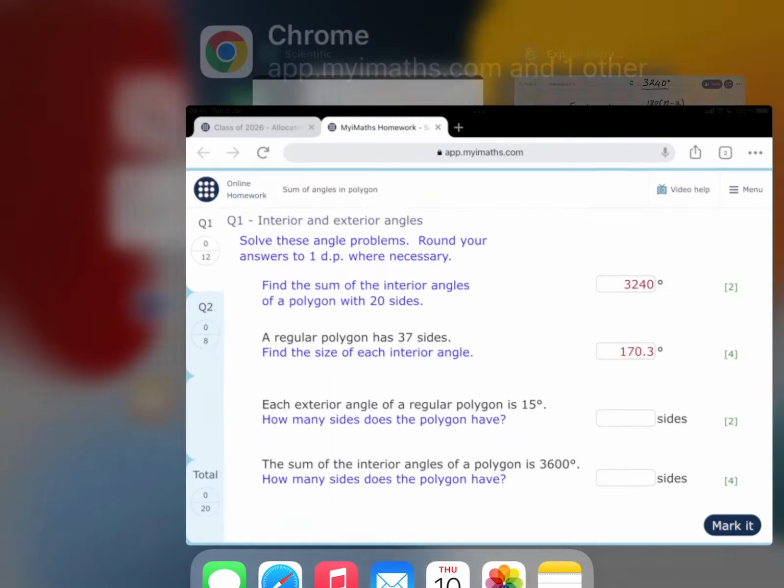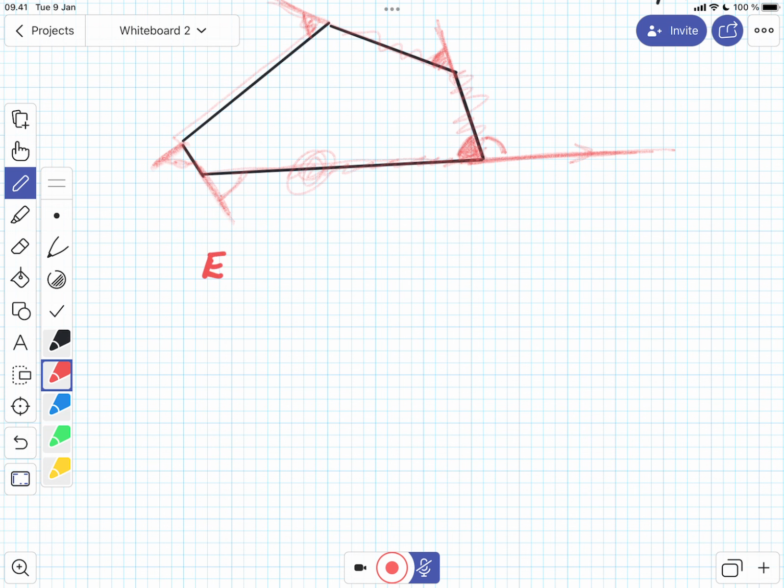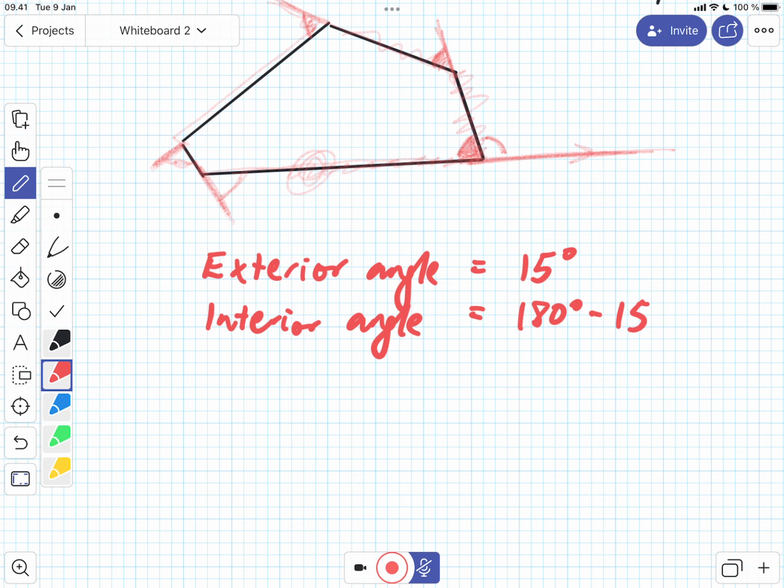Okay, so one way you can approach it, the exterior angle is 15 degrees. We were told that in the question. So the interior angle must be 180 minus 15 degrees, because they're on a straight line with each other, 165 degrees.